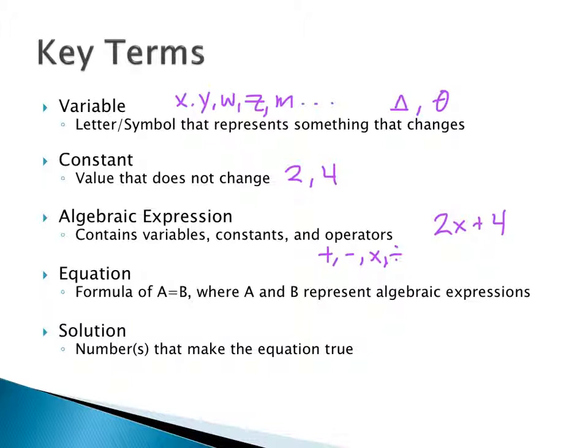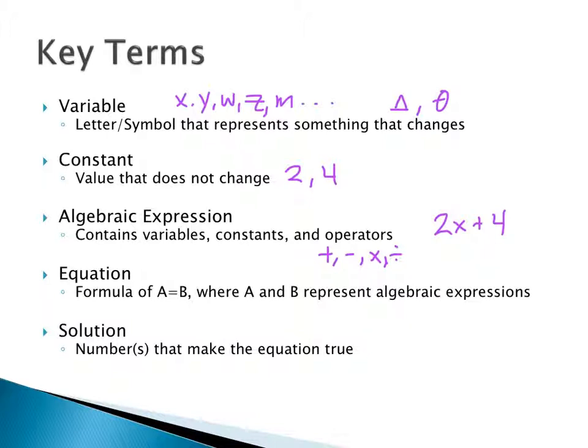Now today we're focusing on algebraic equations. An equation is signified by an equal sign. For example, A equals B is basically an equation. It's a formula of A equals B, where A and B represent algebraic expressions.